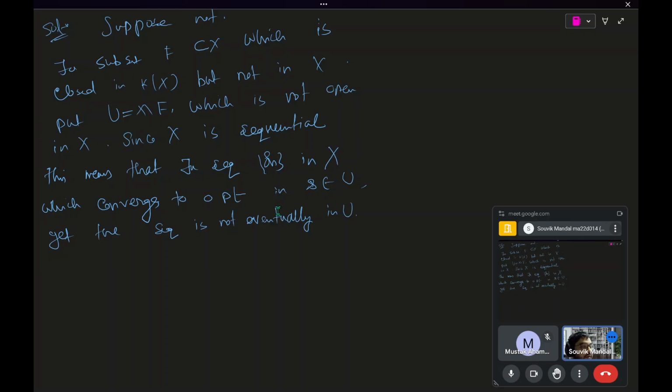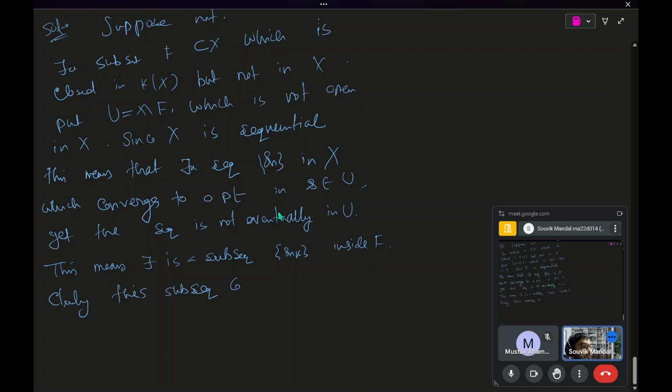This means there is a subsequence s_{n_k} inside F, and clearly this subsequence converges to x.